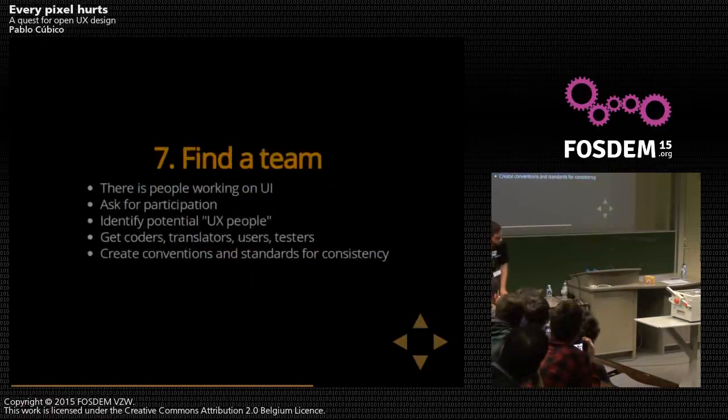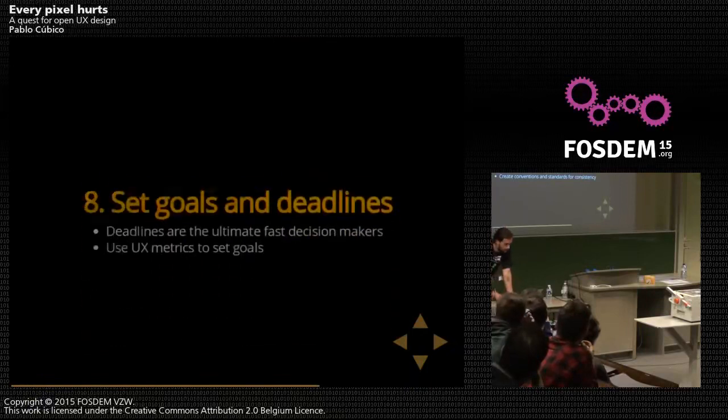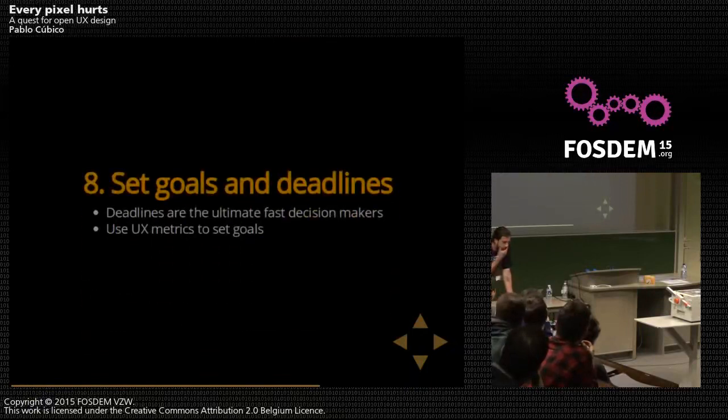Find a team. There are people working on the UI already. As in Diaspora, there are a bunch of people working on UI, but they don't call themselves the UI team or the UI people or the UI smart anything. Maybe it's a good time to assemble that.